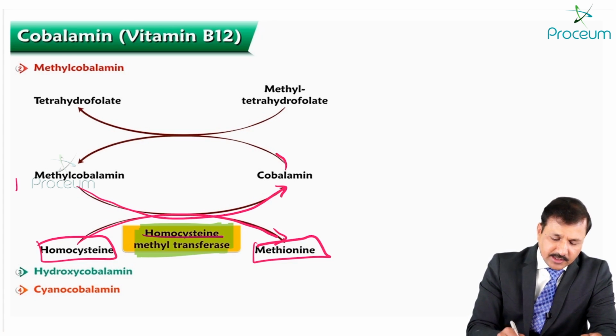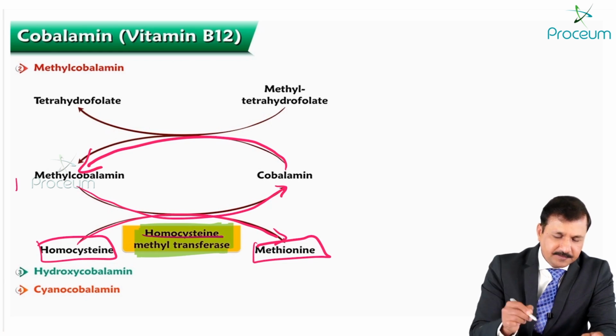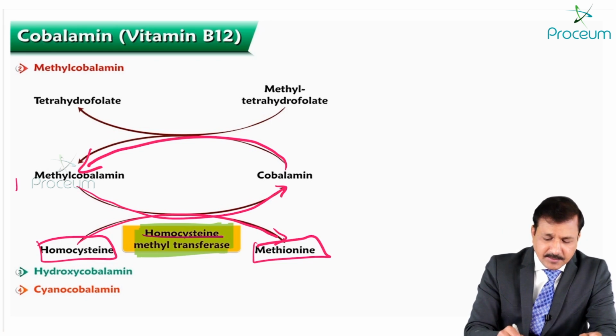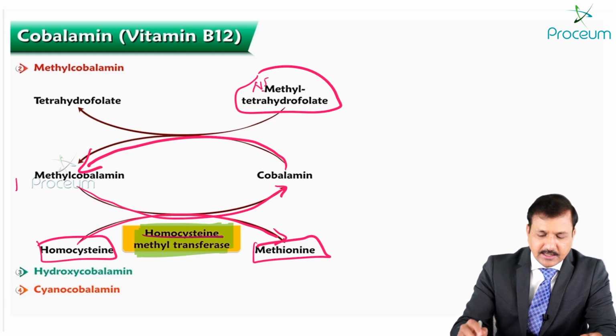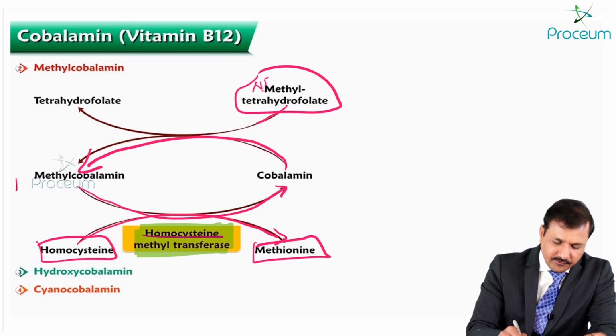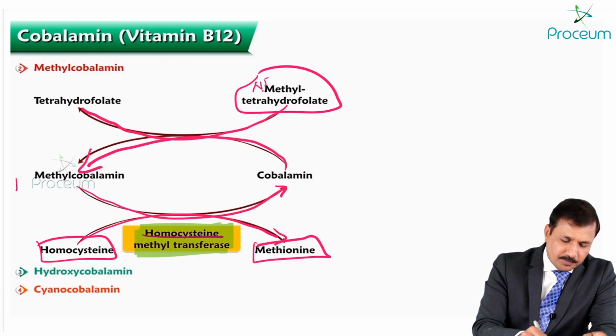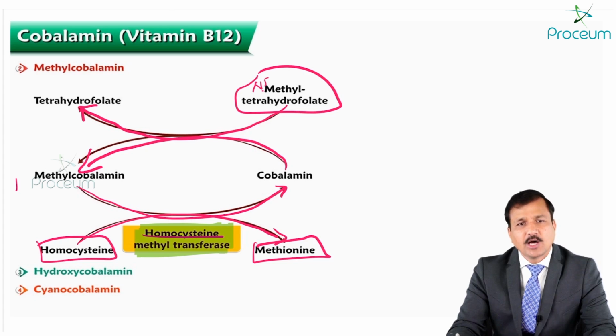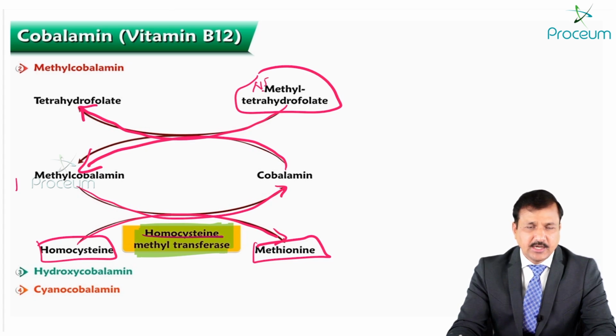Cobalamin has to be converted back into methylcobalamin, and for that a cell needs a methyl group donor, and that methyl group donor is N5-methyl tetrahydrofolate. This N5-methyl tetrahydrofolate will give the methyl group and be converted back into tetrahydrofolate, while cobalamin is converted into methylcobalamin.